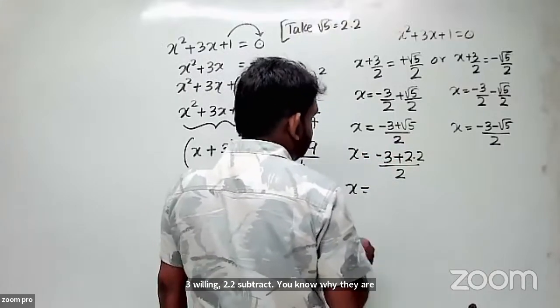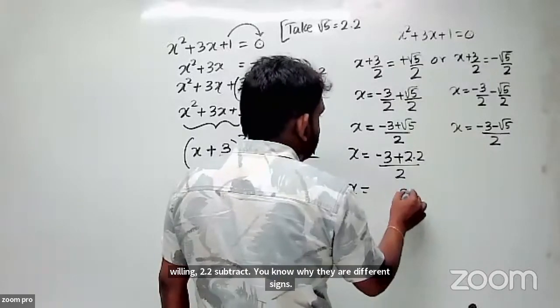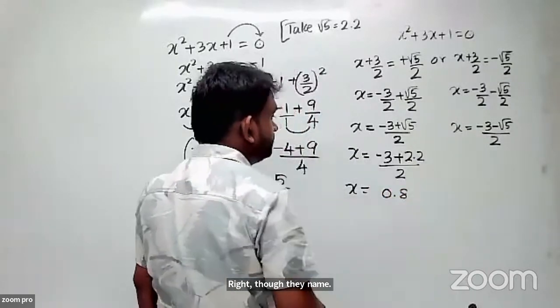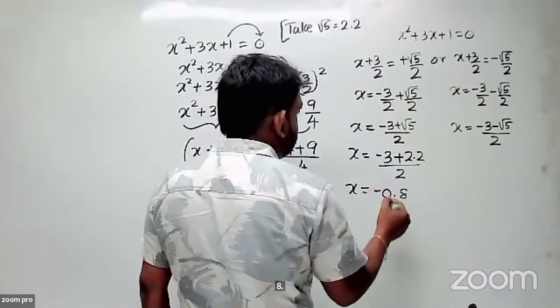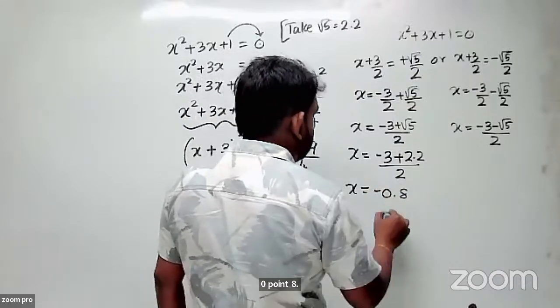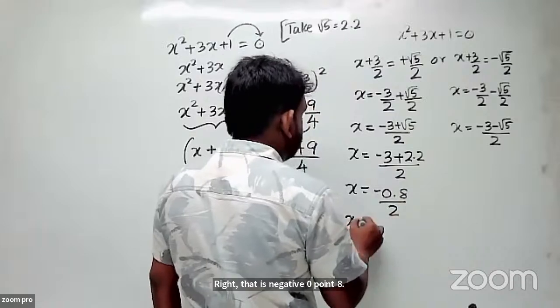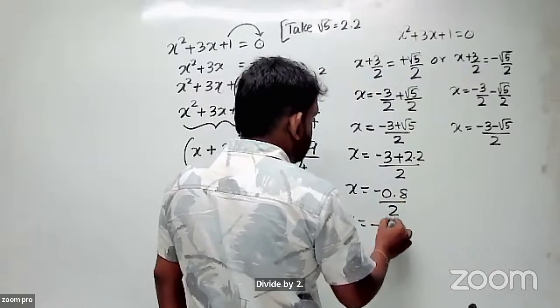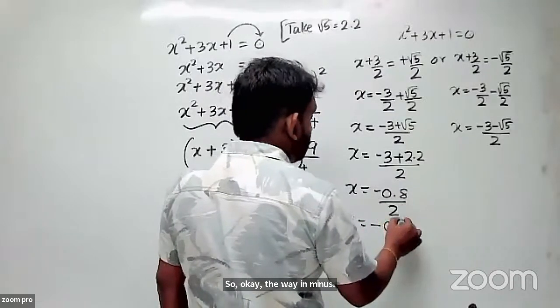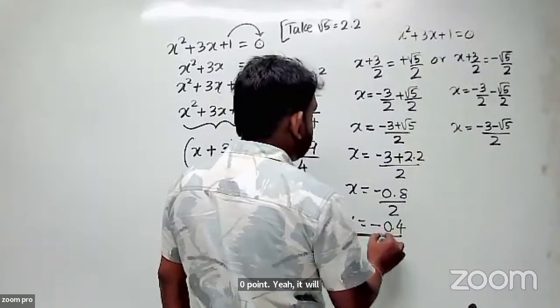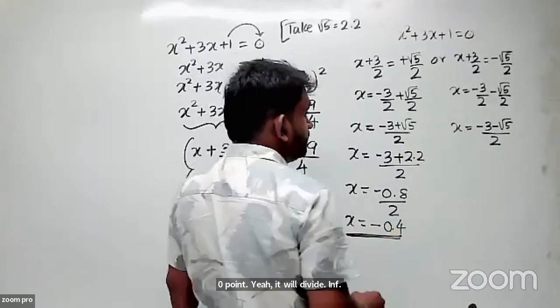Then negative 0.8 divided by 2, so x equals negative 0.4.